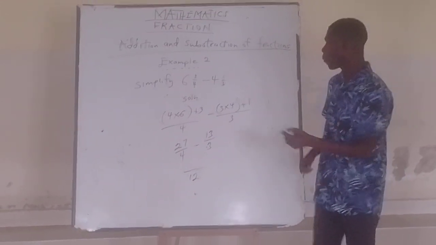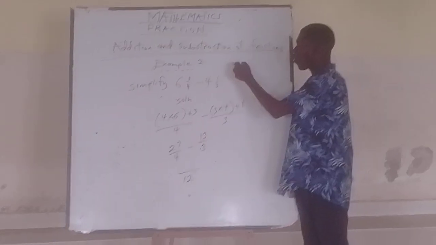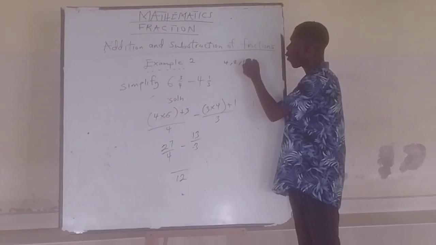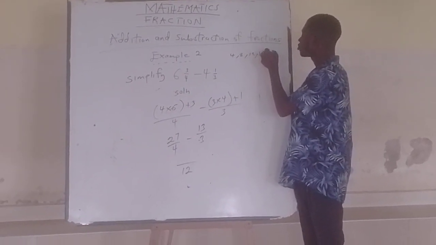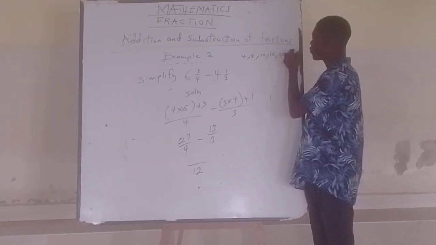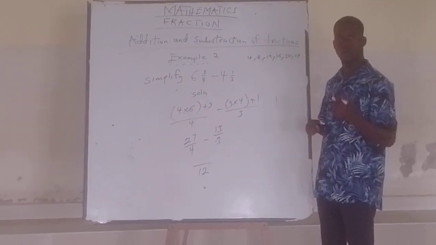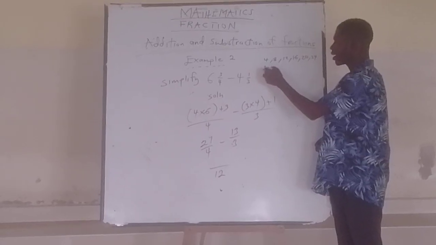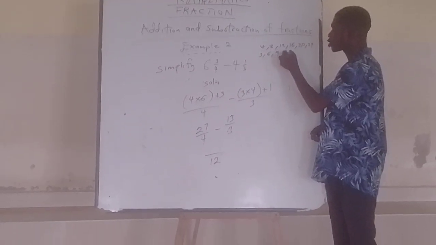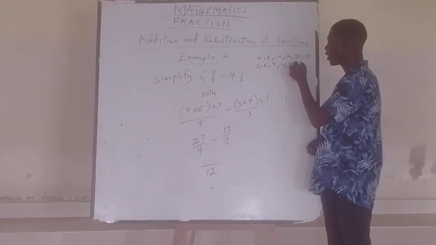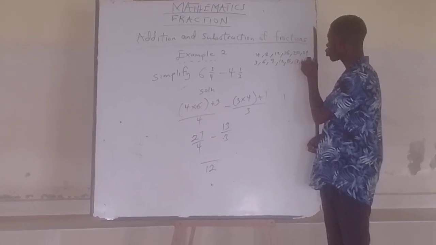Because the multiples of 4 are 4, 8, 12, 16, 20, 24. Let's deal with the multiples of 3. We have 3, 6, 9, 12, 15, 18, 21, 24.